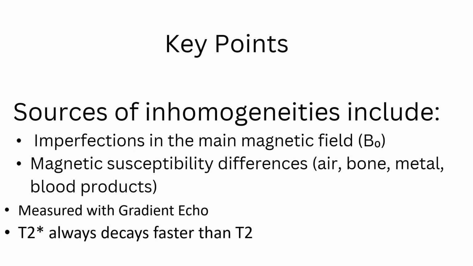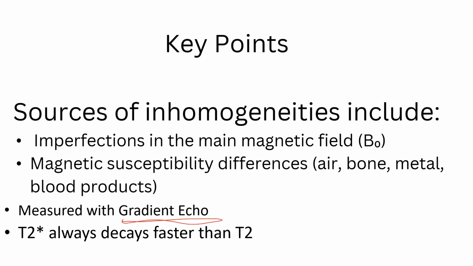Sources of inhomogeneities include imperfections in the main magnetic field, B0, and magnetic susceptibility differences between air, bone, metal, and blood products. It is measured with the gradient echo pulse sequence.